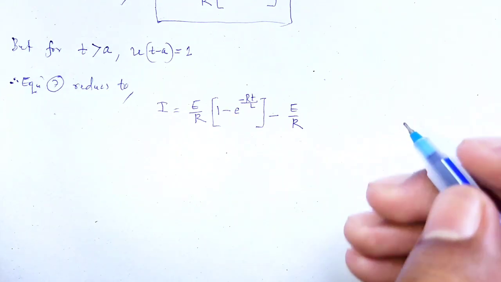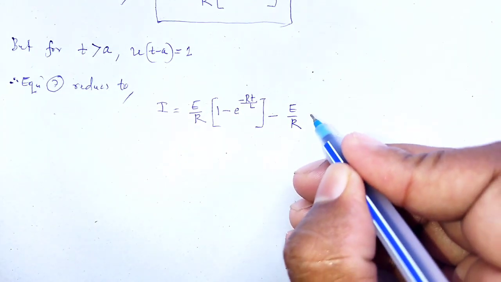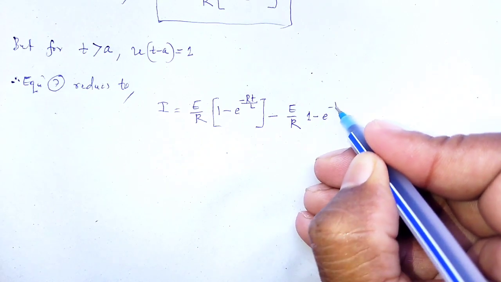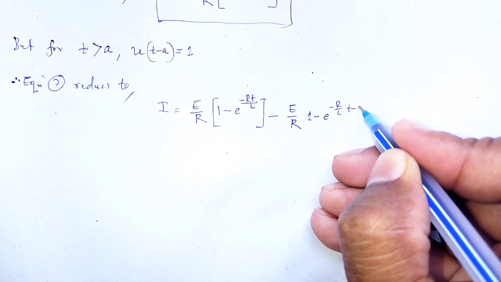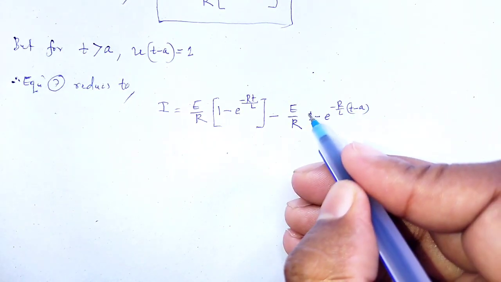So, E by R into 1 minus e to the power minus R by L into t minus a.